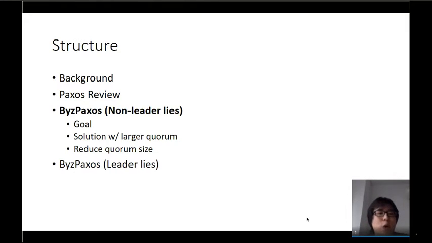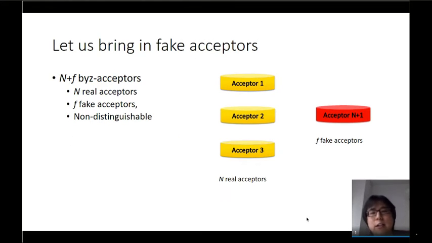So now let's try to inject some Byzantine failures into Paxos. In this part, we'll start easier. We only tolerate some kind of lies in this protocol. So first, let's assume there are some malicious acceptors. We call them fake acceptors.